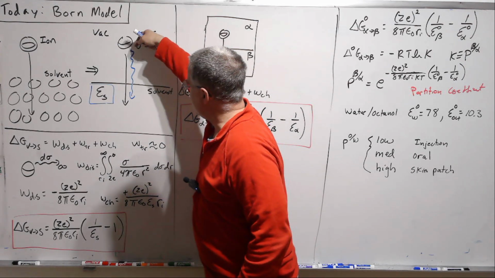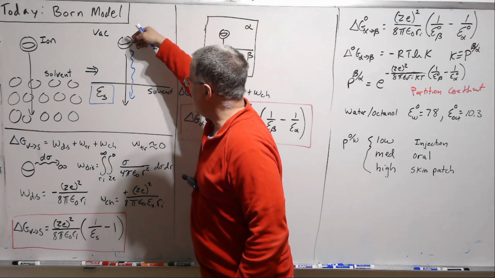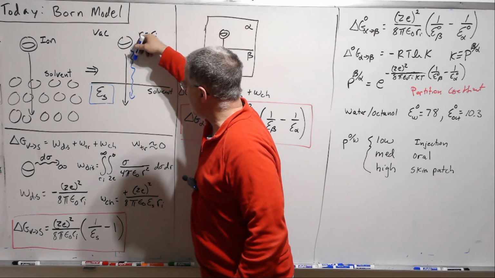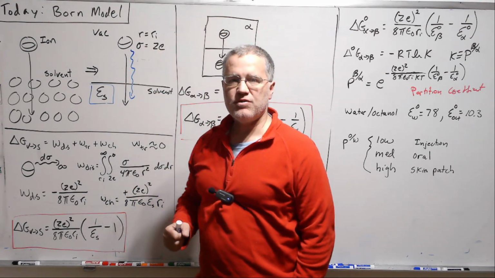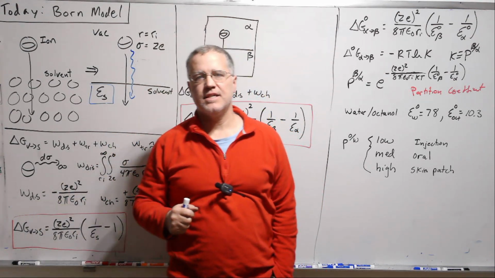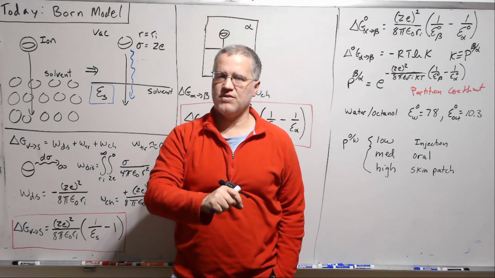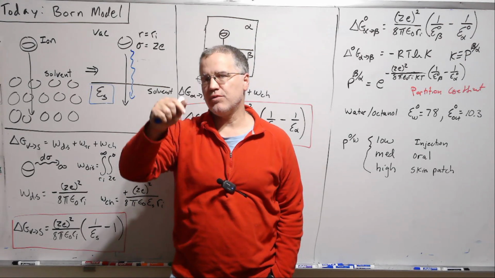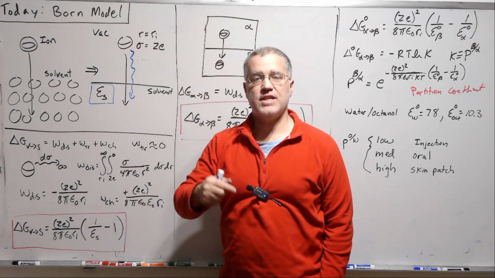But we're going to take a reversible path from here to here. And we've learned now that if we can calculate the work, which is not a state function, on a reversible path, then that is equal to the Gibbs free energy.